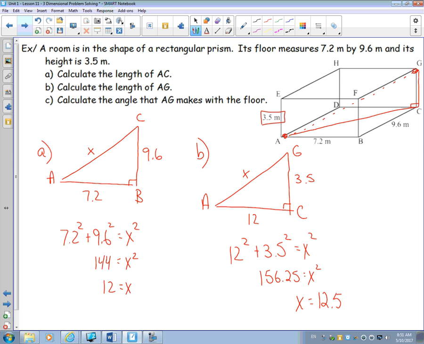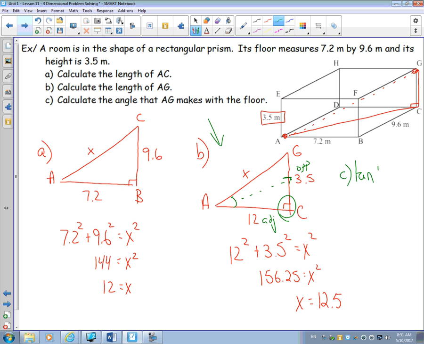Okay, part C. Calculate the angle that AG makes with the floor. I already have a diagram that involves AG. That's this diagram right here. And where it hits the floor is actually this angle right here, angle A. I can figure out angle A by using SOHCAHTOA. I've got a right angle. In particular, if I use the opposite and the adjacent, I can use tan.